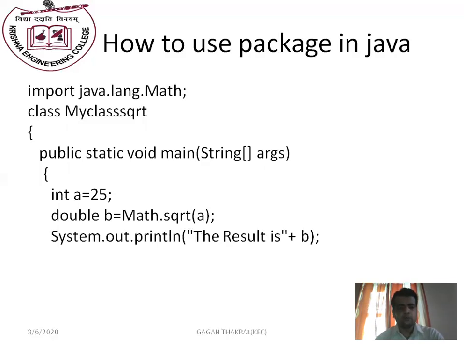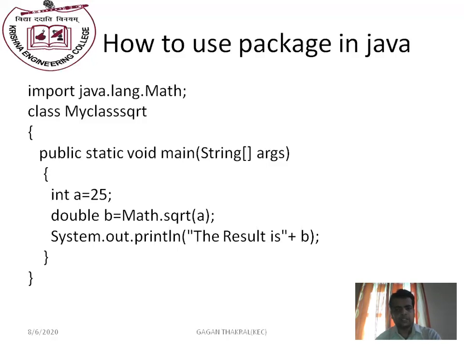And now we print the result with the help of system.out.println, and we concatenate the result with the plus symbol, and the result is available in the b variable, and we print b. Finally we close the main method, and finally we close the definition of the class. This is our program to use a package.